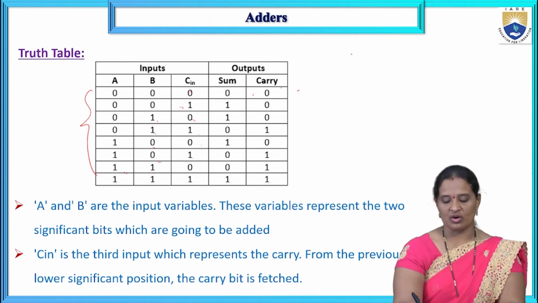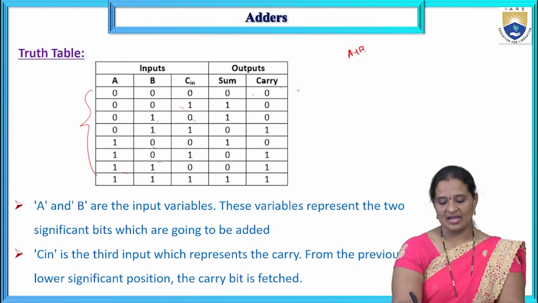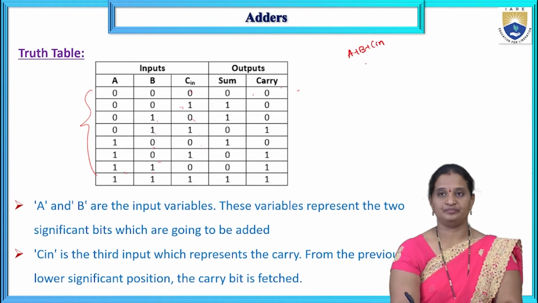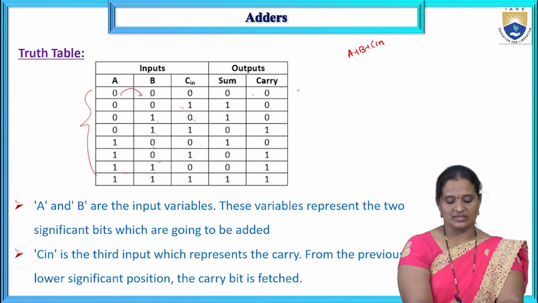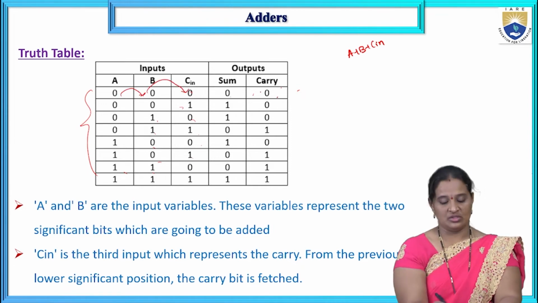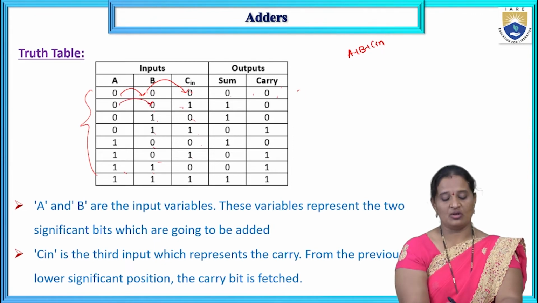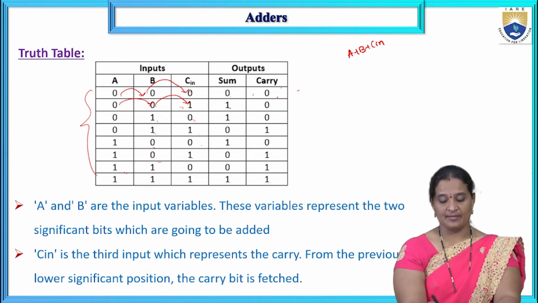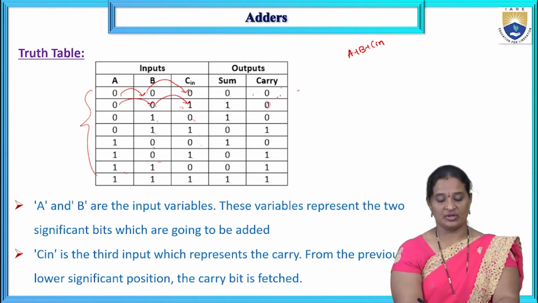Now I am performing A plus B plus Cin. 0 plus 0 plus 0 is 0: sum is 0, carry is also 0. Now 0 plus 0 plus 1 is 1. Sum is 1, and we don't have any carry, so the carry output is 0.